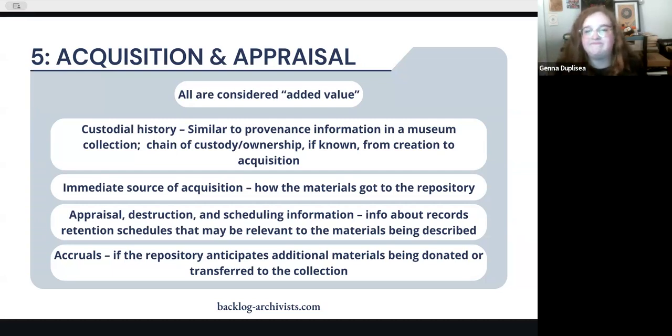Or an estate is going through the papers of a particular person and they've donated some, they're going to donate more later when they've gone through them. Maybe the family has to review the papers for personal information first. The number of times I have written "additional accruals are not expected" in a finding aid is countless, but there's an opportunity here to write out that information if more accruals are in fact coming.